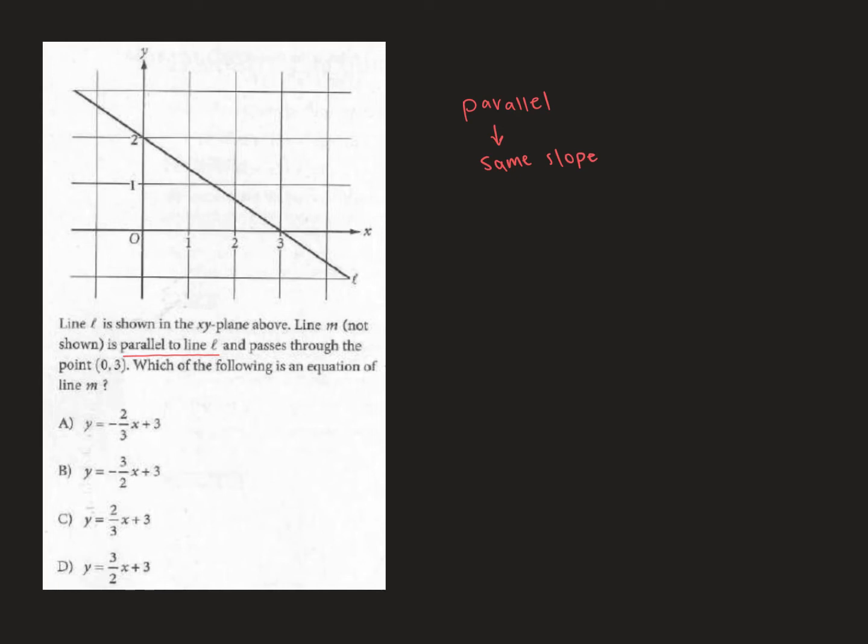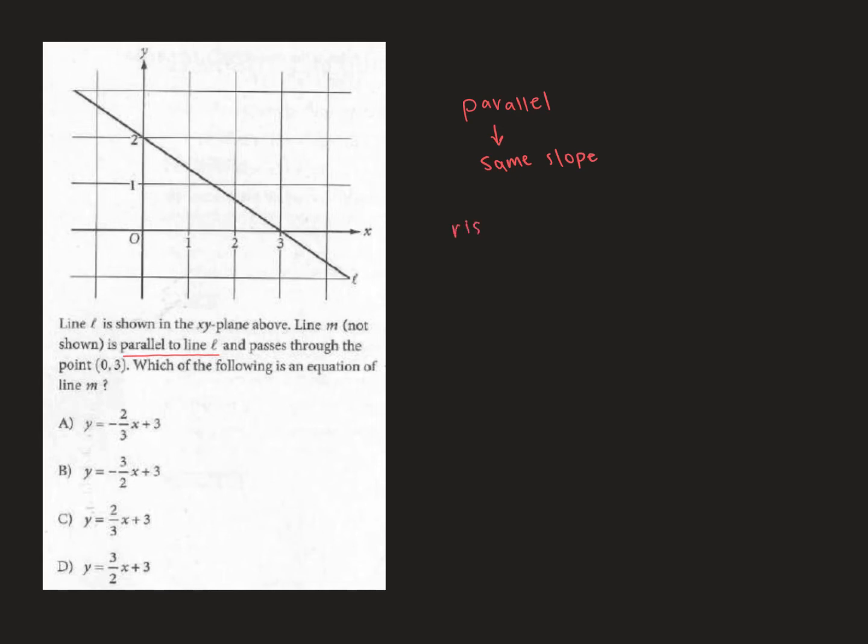So since we're finding parallel, we know that line M has to be the same slope, and from our answer choices you can see that they all have different slopes, so by finding the slope of this given line in the graph, we can find our answer. You find the slope by doing rise over run.